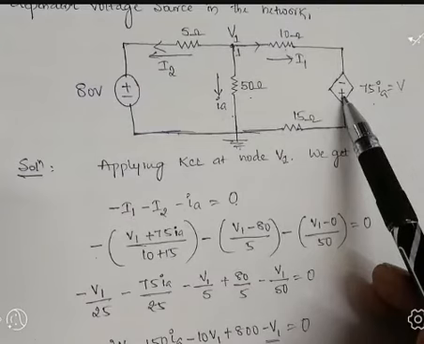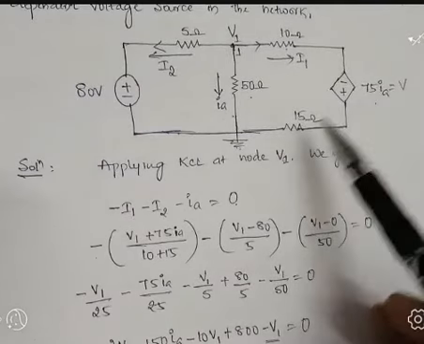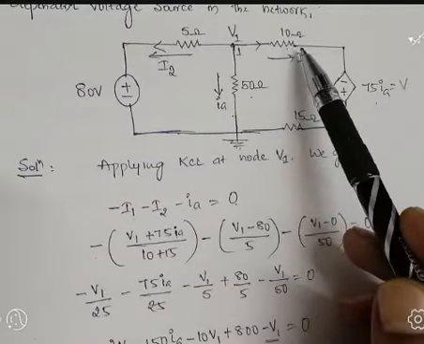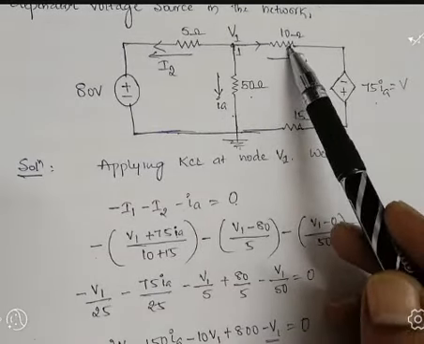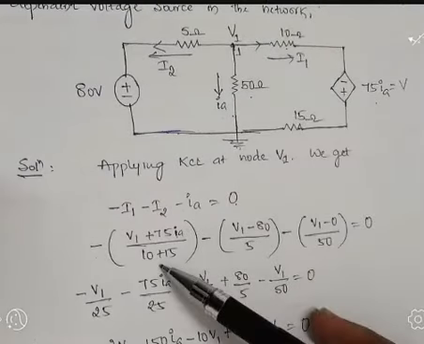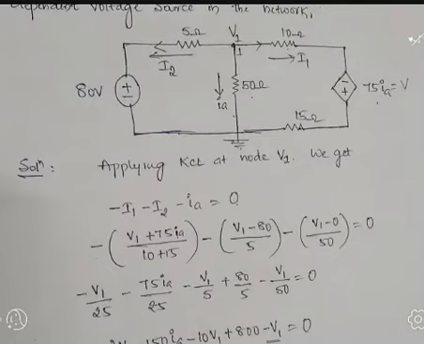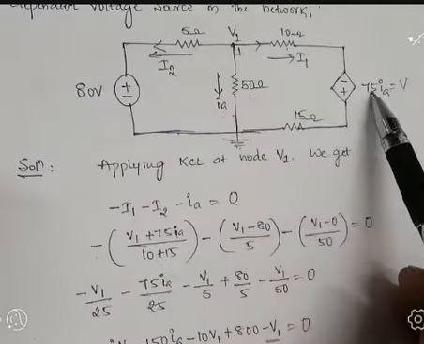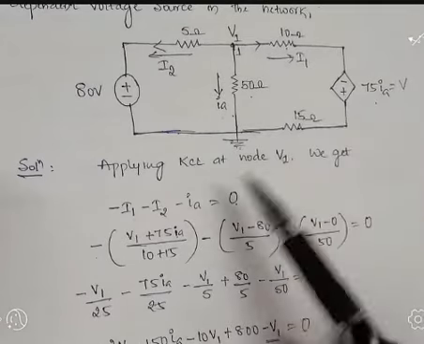Hence it is V1 plus 75 IA divided by the resistance. In this branch, 10 and 15 ohms are in series connection. Hence, minus as it is, the value of I1 is V1 plus 75 IA divided by 10 plus 15.